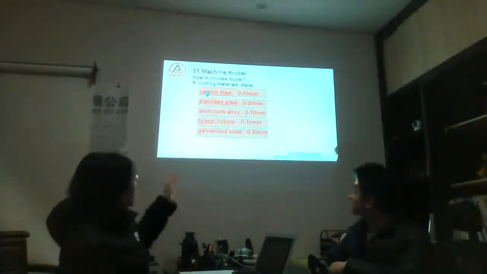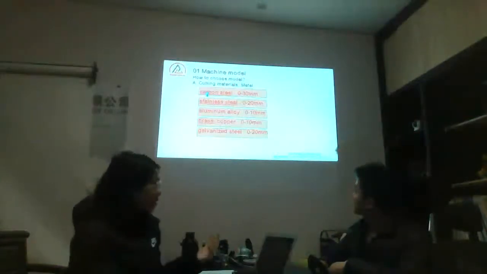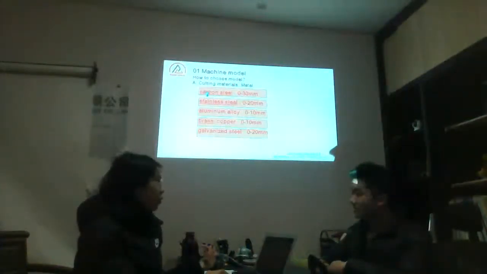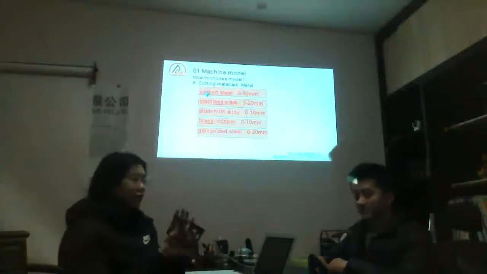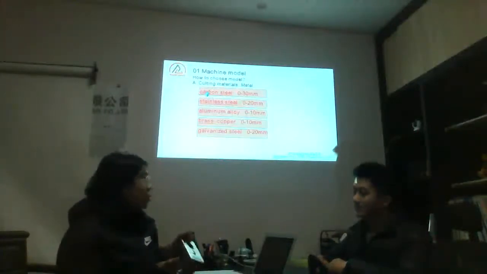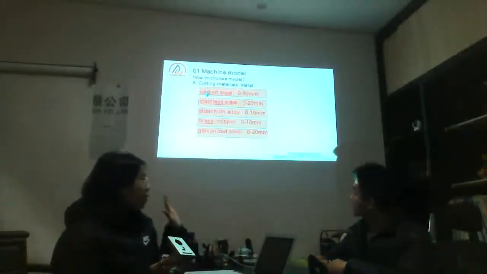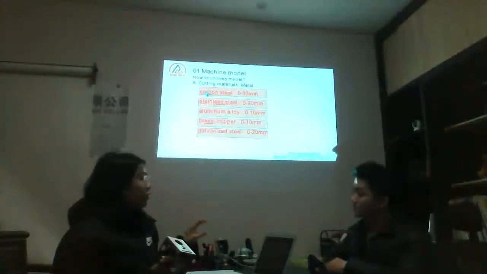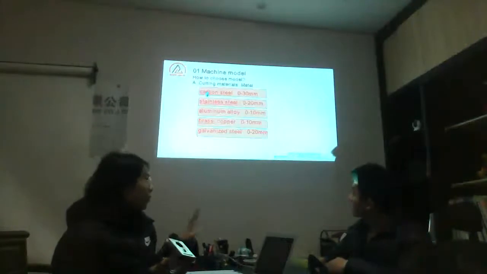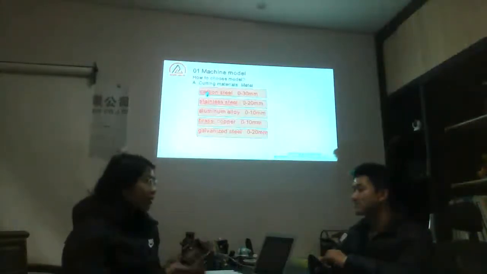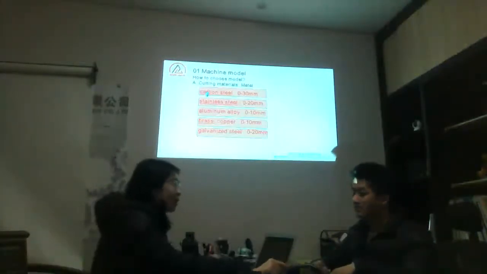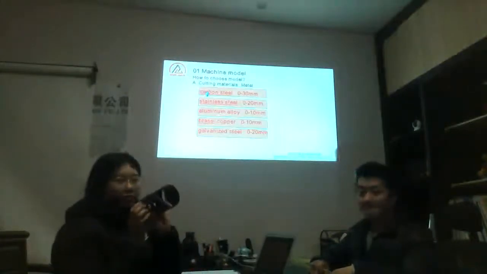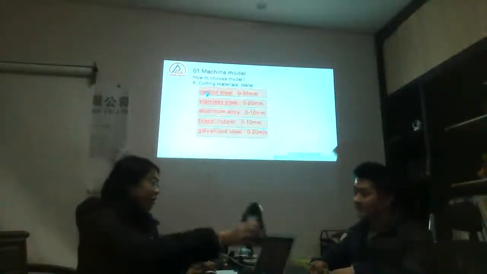Yes, we can learn this from here. For the laser cutting machine, we have about five metal materials, but in common we use four. The first one is carbon steel. We can see this is the carbon steel.